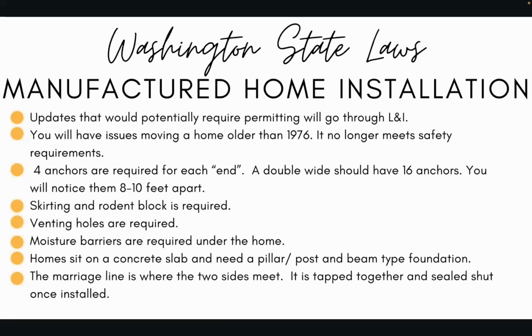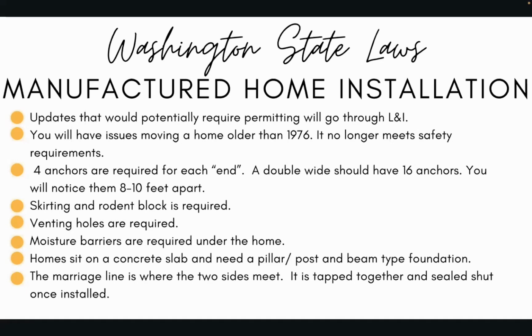All manufactured homes are required to have skirting and rodent block. Venting holes in the skirting are required. It is required to have a moisture barrier under the home as well. The home needs to sit on a concrete slab and have some sort of a pillar, post, or beam type support under its foundation.